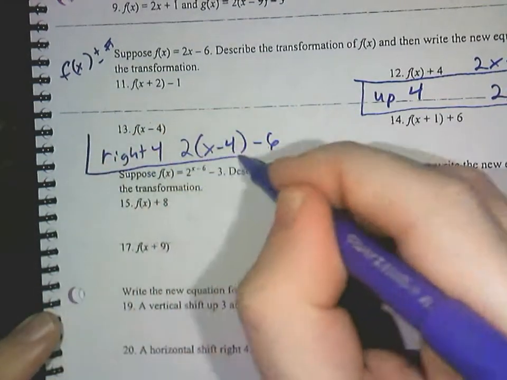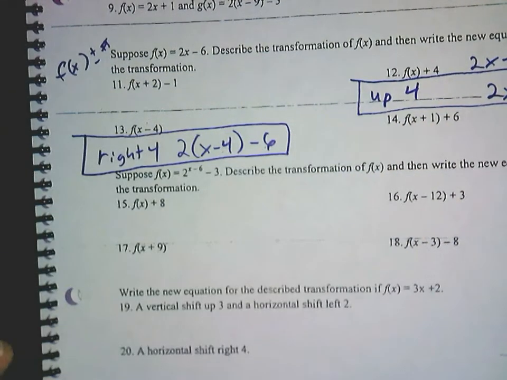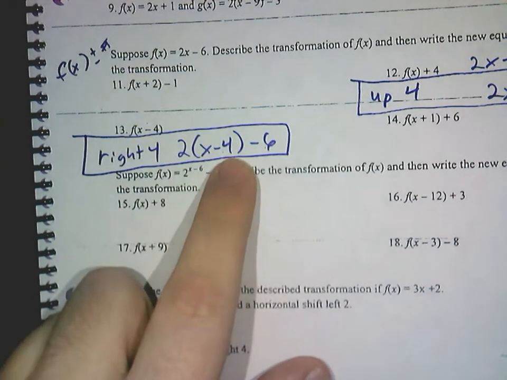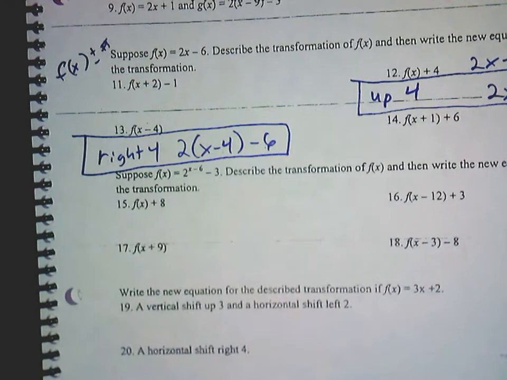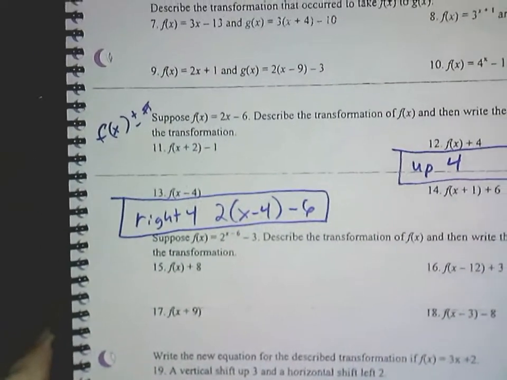Okay, so I'm just going to stop right there. Okay, so that was a right 4 because I subtracted 4 to the input basically.